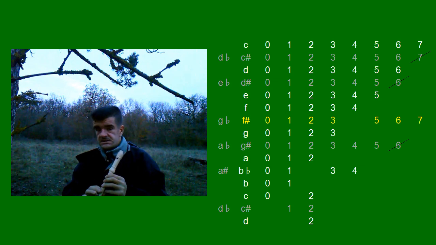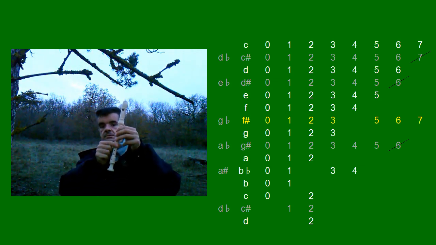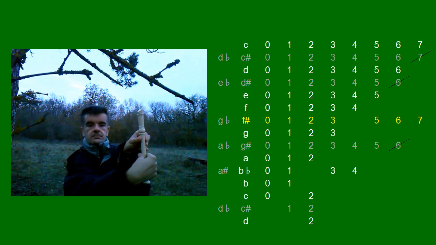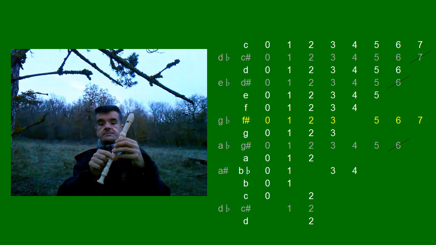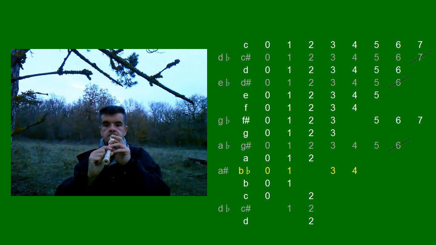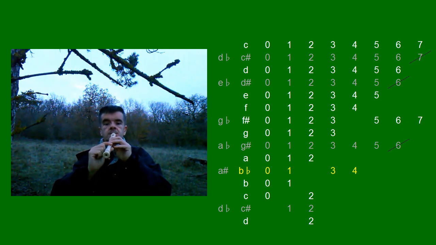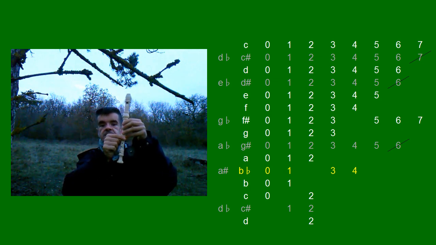And then we have another sound which is B flat. You know F? Now we make B flat by lifting our middle finger. F, B flat.